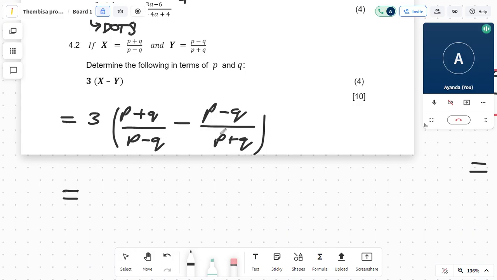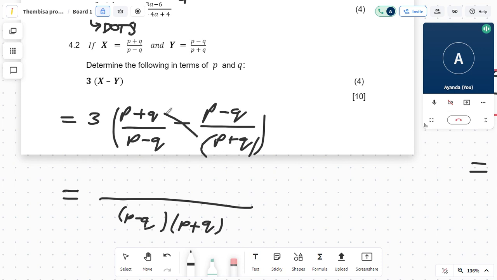Now we need to get a common denominator. And our lowest common denominator is going to be (p − q) times (p + q). So that means that we're going to have to multiply (p + q) by (p + q) and (p − q) by (p − q).